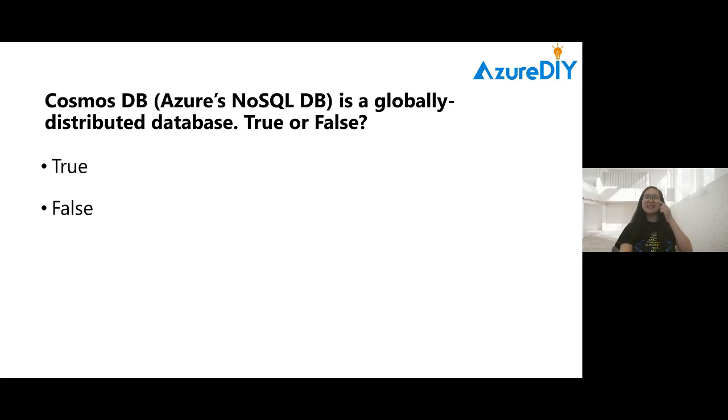The next question is, Cosmos DB is a globally distributed database. Is this true or false? While we are waiting for the answers to come in, I'll explain a bit more about what we mean by globally distributed. This is the ability to transparently replicate the data anywhere in the world to enable our globally distributed apps to work with a copy of the data that's as close to its end users as possible.